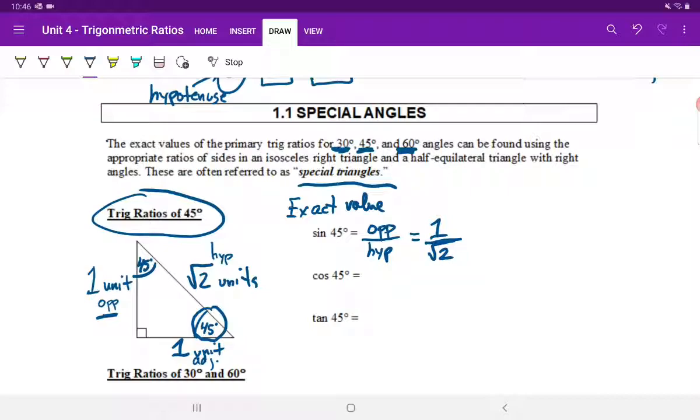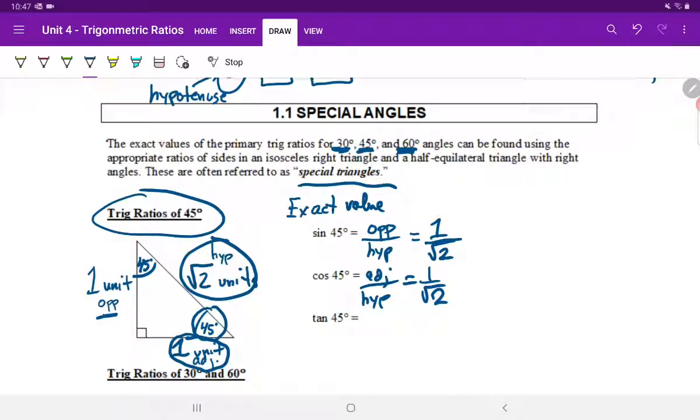All right? So cos 45, which is, of course, adjacent over hypotenuse. So adjacent over hypotenuse is once again 1 over the square root of 2. Okay? So we get the same answer. And you could try this on your calculator.